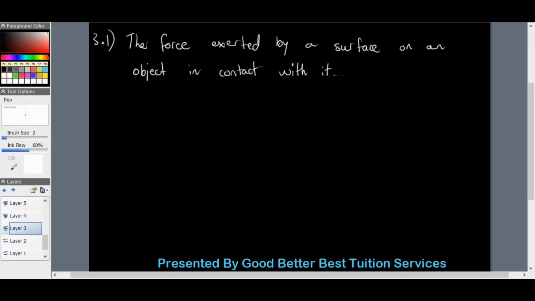So the force exerted by a surface on an object in contact with it. Another thing worth mentioning, it is the force exerted by a surface on an object and is perpendicular to that object's surface.